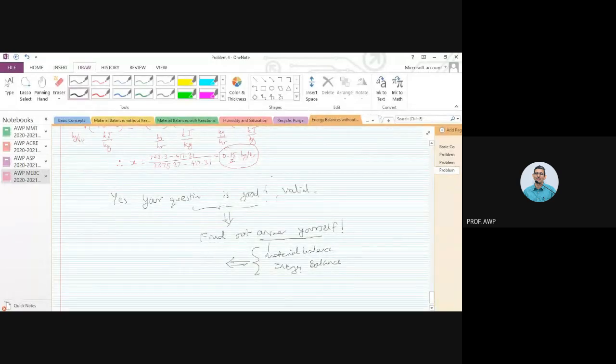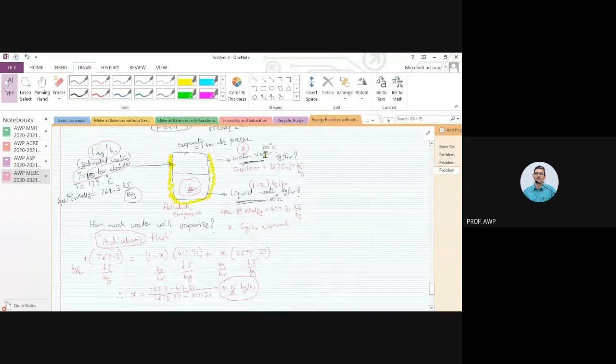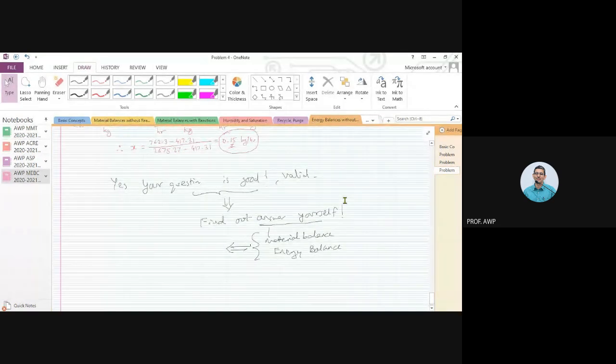I did this procedure for you, I solved it for you, but you yourself can find answers to your own questions. That's what I'm trying to tell you, based on material balance and energy balance. So yes, your question is correct, good, but you yourself can find the answer based on enthalpy balance.